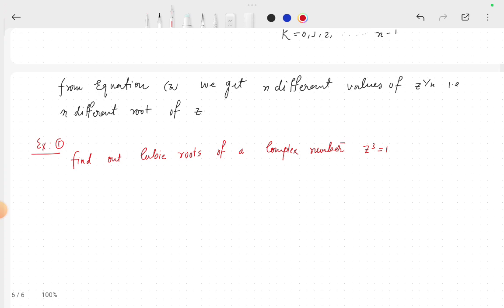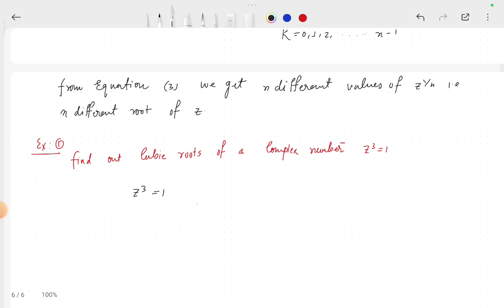So how can I find the cube roots of z, where z cubed equals 1? Now we write 1 in the polar coordinate system.